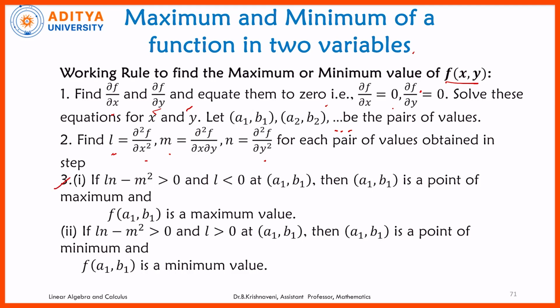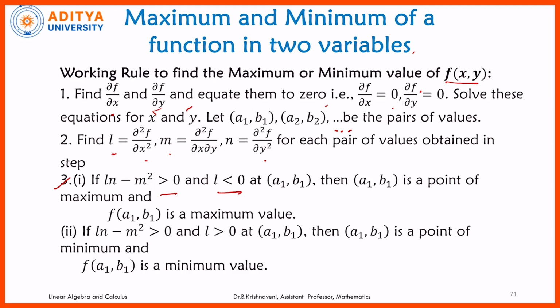In the third step, we'll calculate LN minus M squared and see at what point the function has a maximum value, a minimum value, or no maximum or minimum. Suppose LN minus M squared is greater than 0 and L is less than 0 at a point (a1, b1).